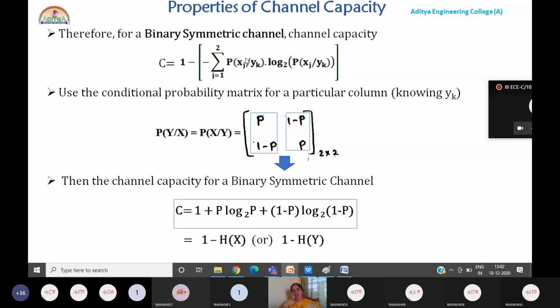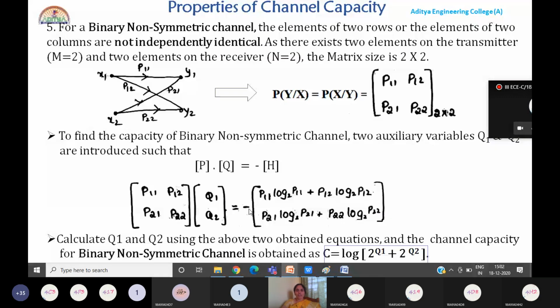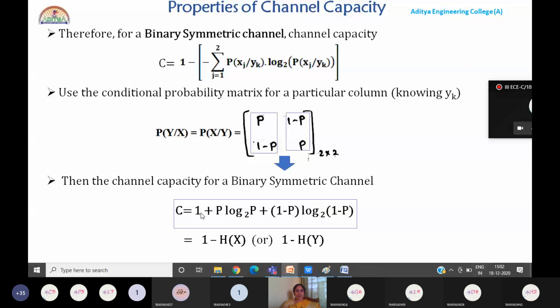So knowing yk, fixing either column 1 or column 2, you can take either one. So the channel capacity of a binary symmetric channel will be 1 minus, minus of minus, so it will be plus, take any column, column 1 or column 2. First element into log of the same first element, second element into log of the same second element.